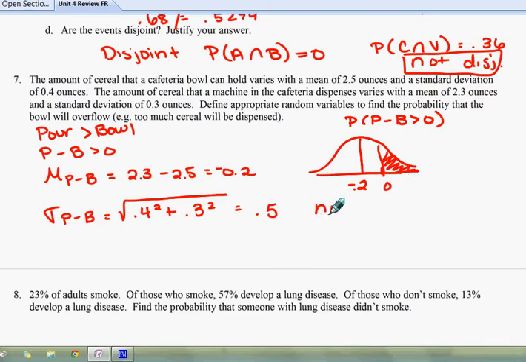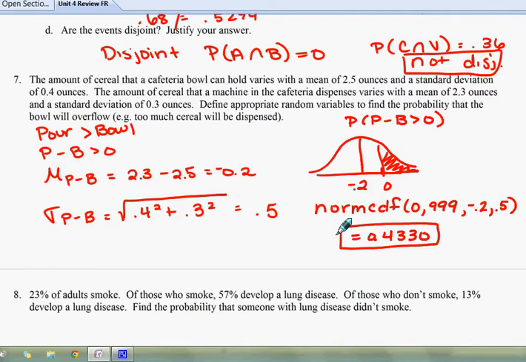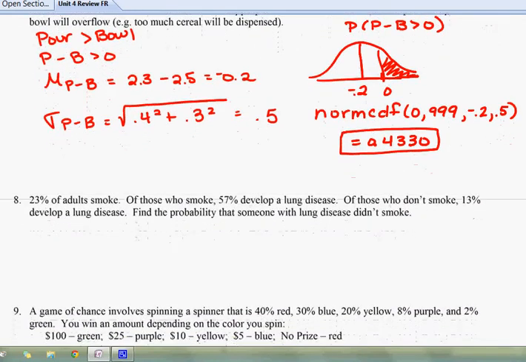So I'm going to do normal CDF from 0 to a bunch, standard deviation, expected value, standard deviation, and my final probability ends up being 0.4330. So we expect overflow to happen 0.4330% of the time, or if you have a toddler pouring the bowl. Hee hee hee.